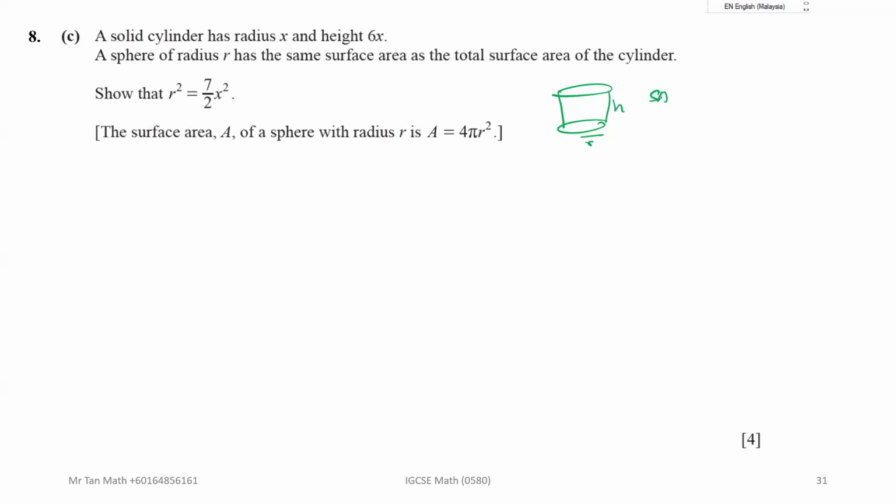So the surface area equal to 2 pi r squared plus 2 pi r h.